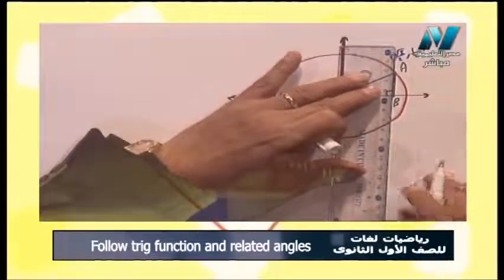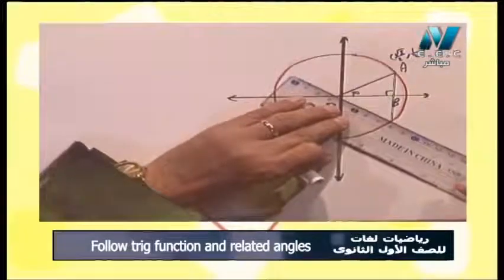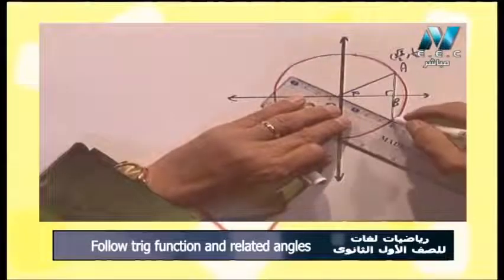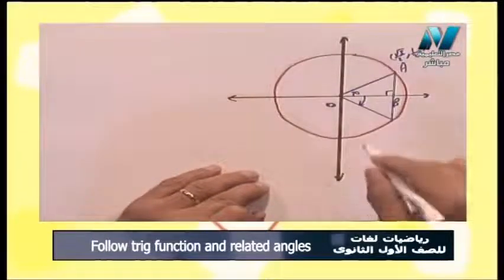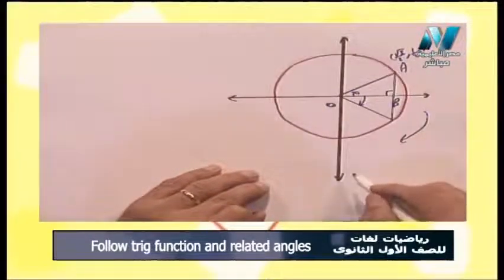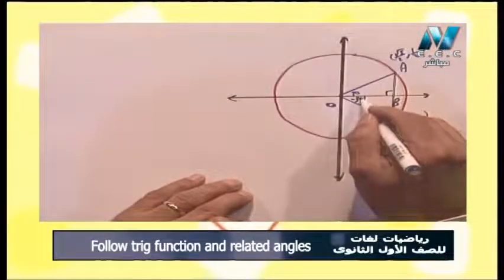And I'll try to draw negative 30 angle. Negative will be in the clockwise direction, as we know. This is the angle and its direction is clockwise, so it is negative 30 angle.